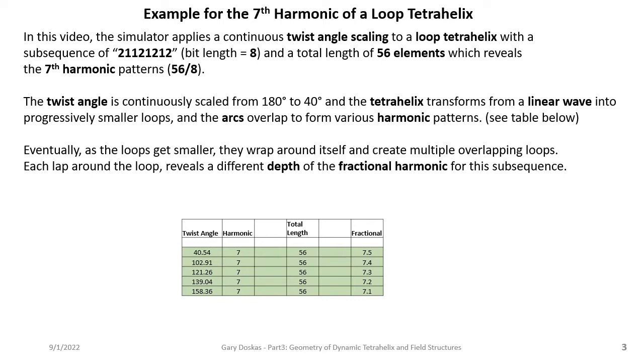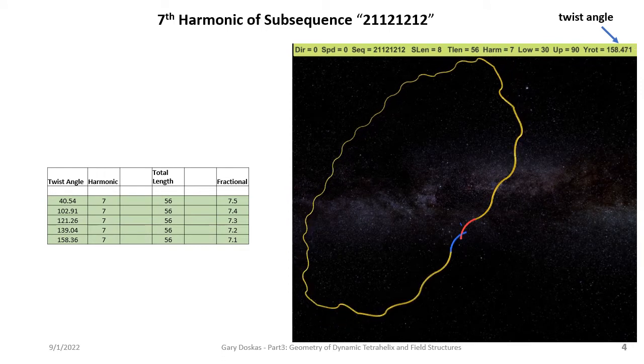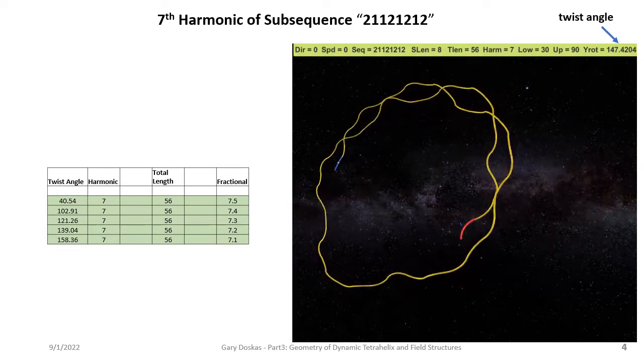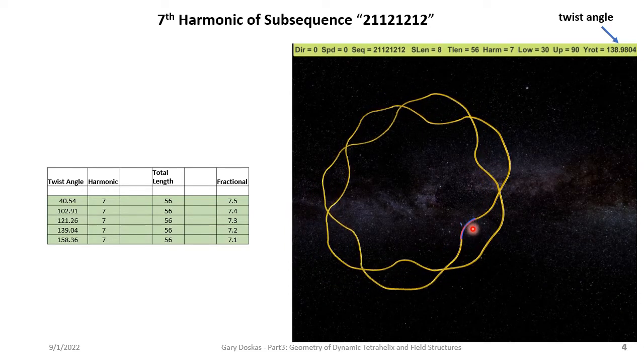Each lap around the loop reveals a different depth of the fractional harmonic for this subsequence. Starting at 180 degrees, the twist angle decreases and the tetrahelix begins to form the first loop that forms the 7.1 harmonic. The twist angle continues to decrease and closes the second loop to form the 7.2 harmonic.